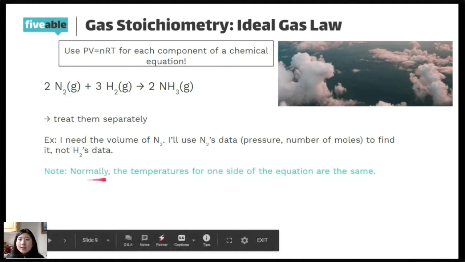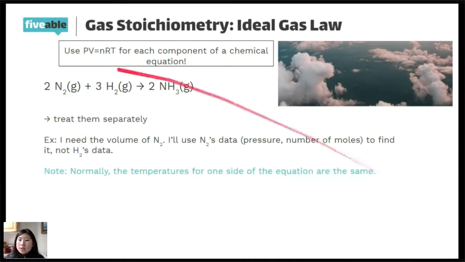Normally the temperatures for one side of the equation are the same. Let's say we're reacting a gas that, after it reacts, produces a product that is at a higher temperature. This is the case for a lot of different reactions.